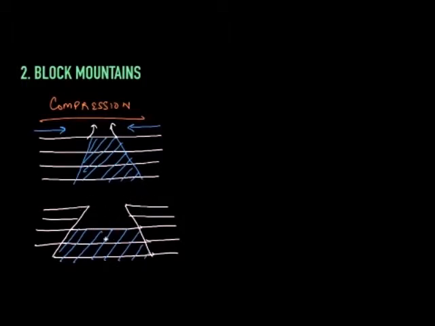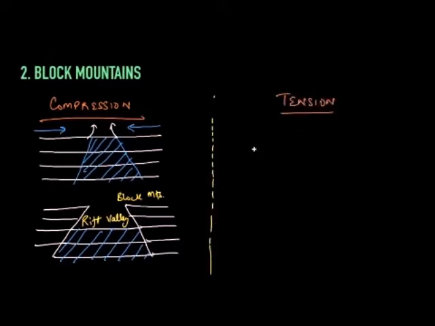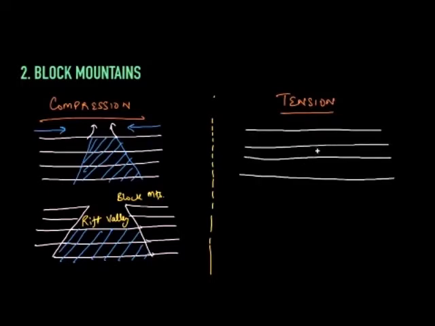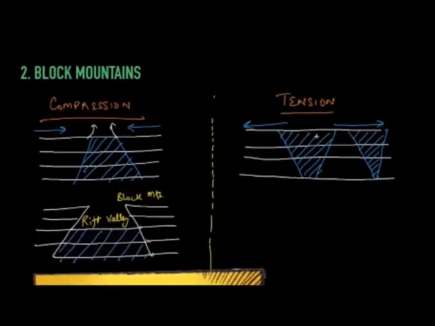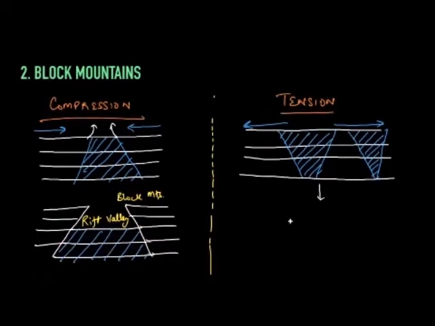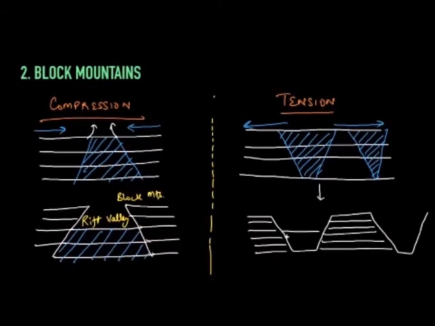So when these expansional or compressional forces take place on the earth's surface, it will make one block slip down relative to another. So the block that is extended upward is called a block mountain or horst, while the side that is depressed with steep sides, the valley that is formed, is called a graben or rift valley. But these tensional and compressional forces acting on the body with displacement can also cause transverse valley or gap.